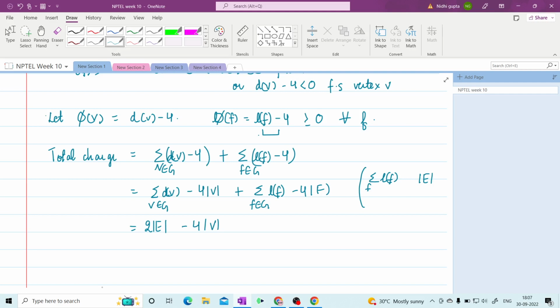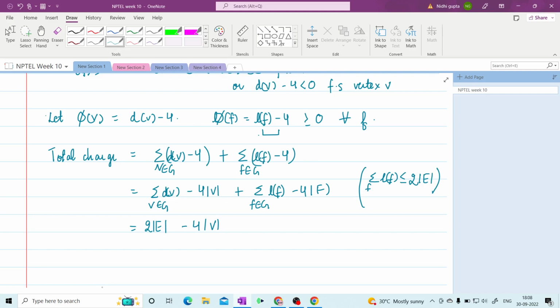We know each edge is incident to at most two faces, so in the worst case this total sum will be less than or equal to twice the number of edges, because we would have counted one edge twice while counting all the boundaries.